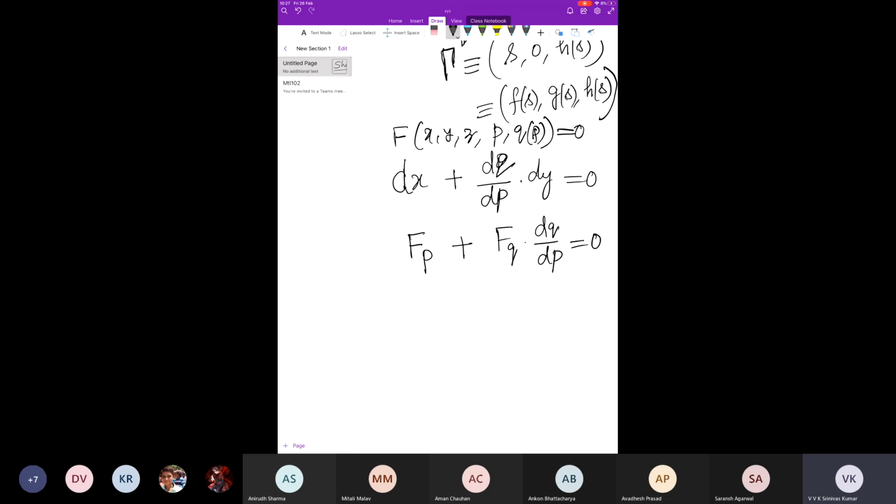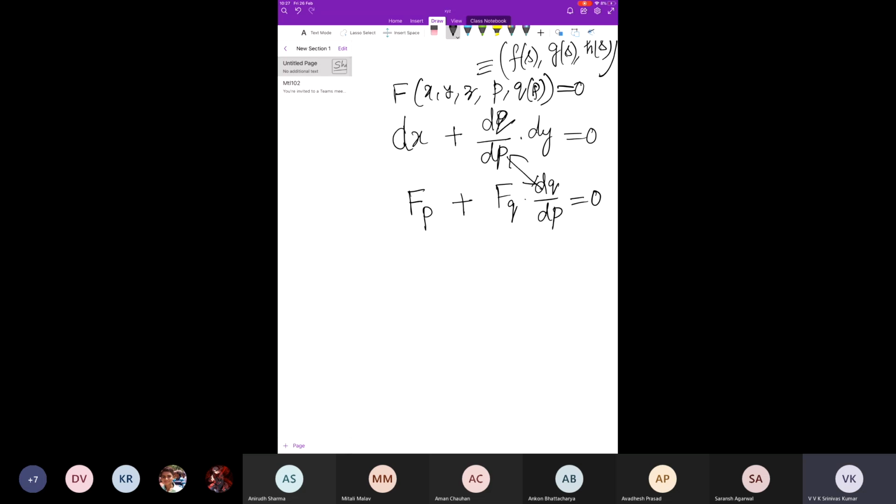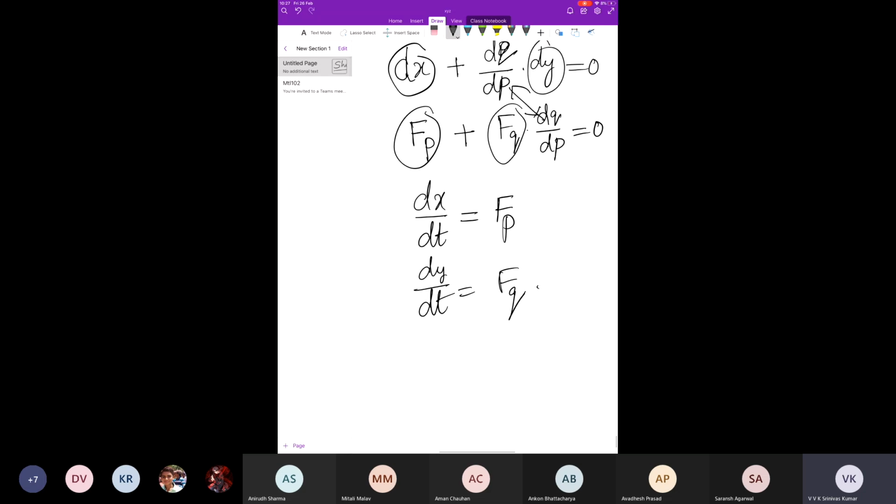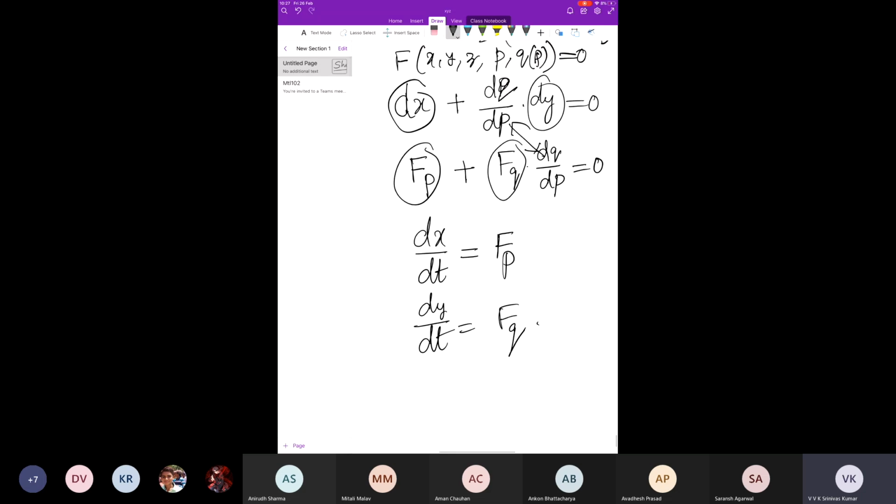So these two equations, if you compare, this should be proportional to this, and this should be proportional to this. So in parametric form, we can write it as dx by dt is equal to fp, and dy by dt is equal to fq. This is what we have to do for obtaining the first two equations.